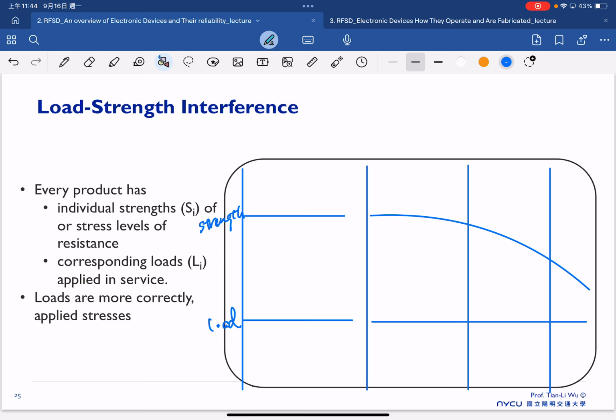But in reality, we do not only consider one case; we have to consider the distribution, because the amount of components always exhibits a similar phenomenon. So therefore, we put the distribution factor here. This is the distribution for the load, and this is the distribution for the strength.